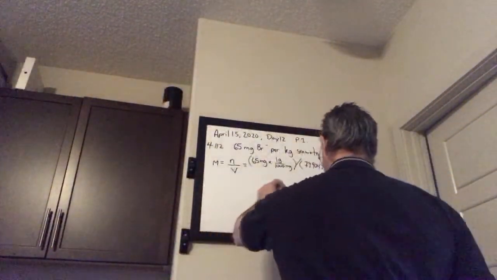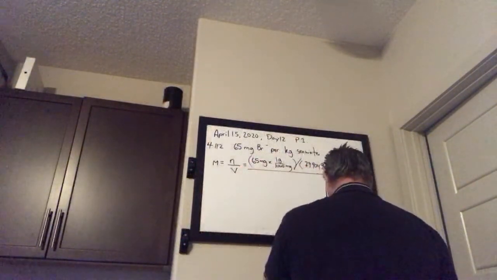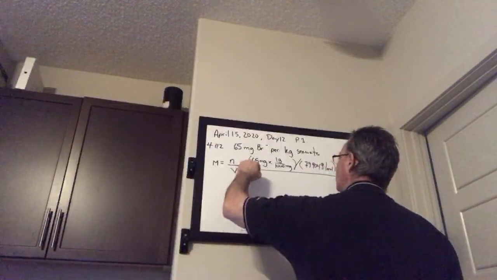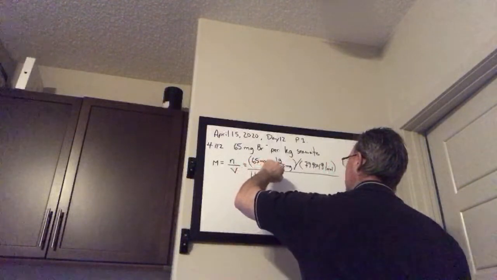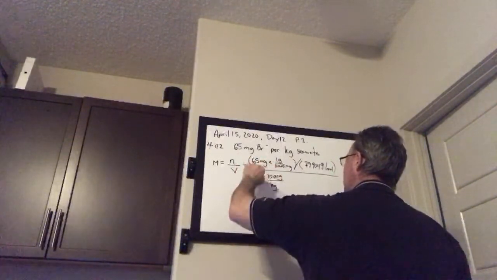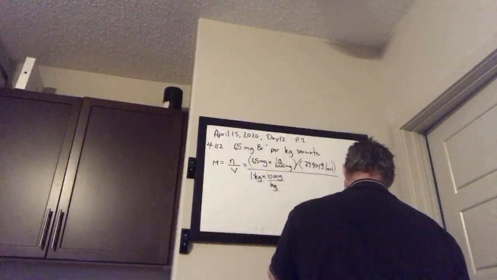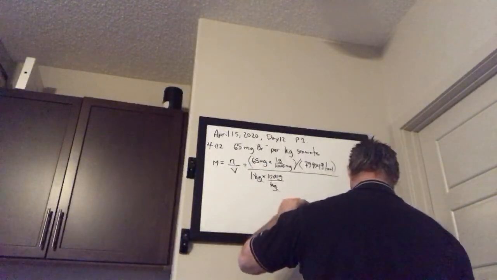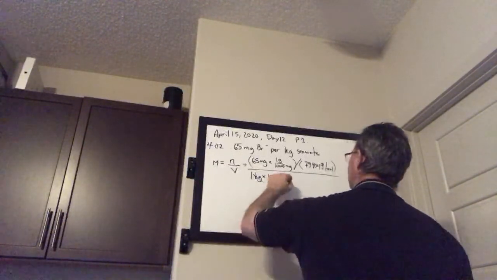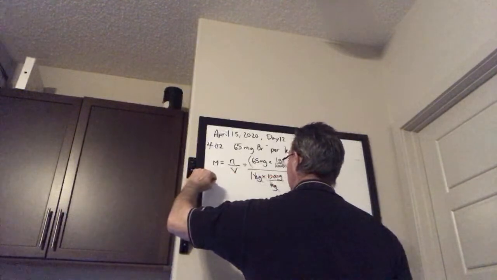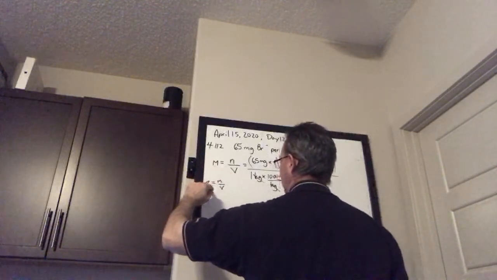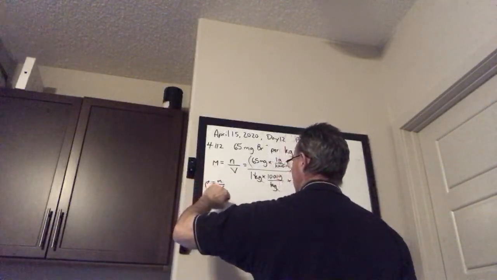Then for the denominator, the volume is 1 kilogram times 1,000 grams per kilogram. Allows you to cancel kilograms. And since density equals mass over volume, if you have a mass, then the volume is equal to mass over density.